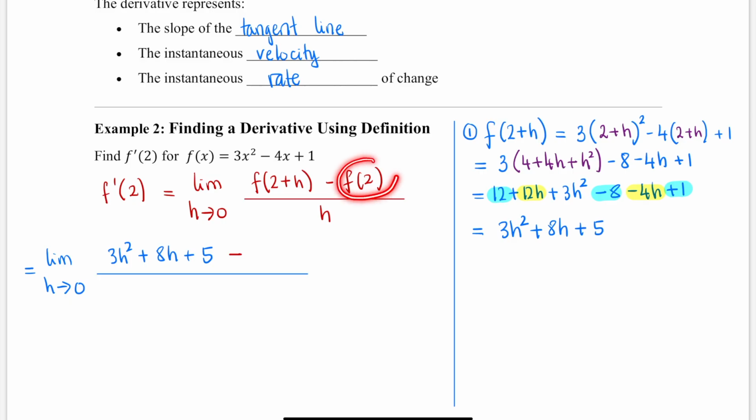Now, I need to find f of 2. To find f of 2, I substitute 2 into the function.